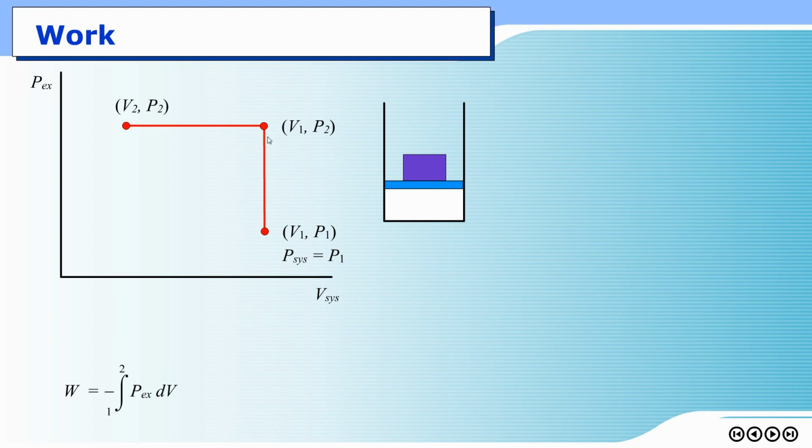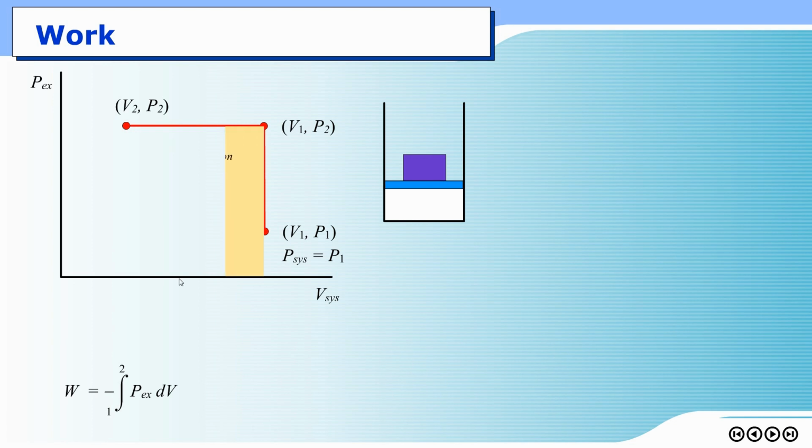So the function should go from the right to the left, but the external pressure on top of this piston remains the same as P2. So my plot here is supposed to be a horizontal line. Again, may I remind you that this function is not the pressure inside the piston. This function is the plot with respect to external pressure.